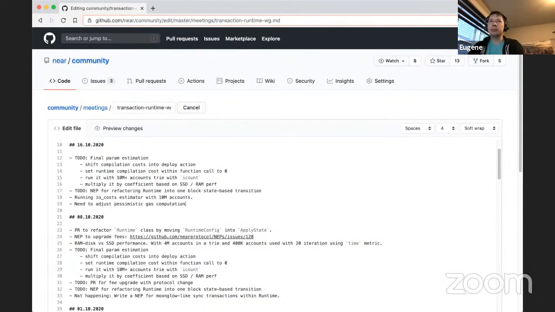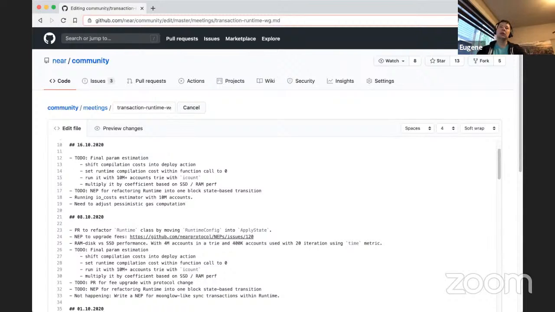Then we take an exponent out of number of blocks of some number which corresponds to the maximum gas price increase per block. And then we use a slightly higher coefficient to account for potentially delayed receipts. So it's just a hack on how we do this.